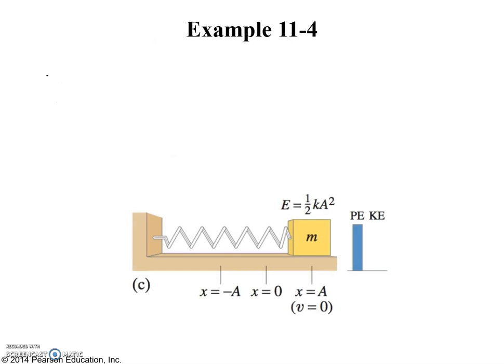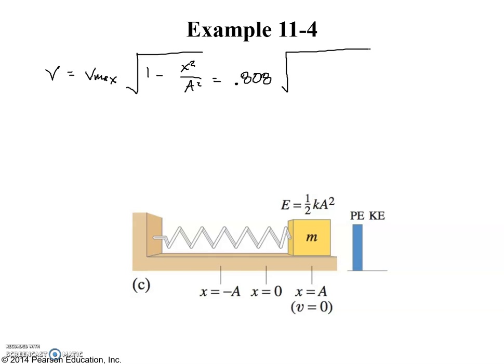So the velocity at any point in this oscillation can be found by the equation Vmax times the square root of 1 minus x squared over the amplitude squared. So we calculated our maximum velocity to be 0.808 meters per second.